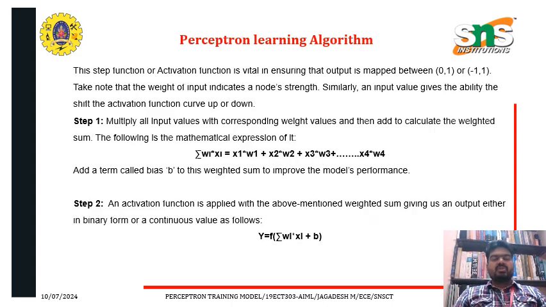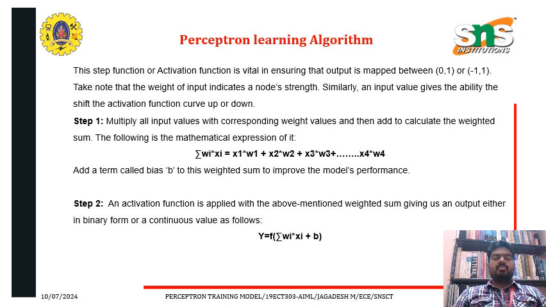This step function or activation function is vital in ensuring that the output is mapped between 0 and 1, or minus 1 and 1. Take note that the weight of the input indicates a node's strength. Similarly, the bias value gives the ability to shift the activation function curve up or down.